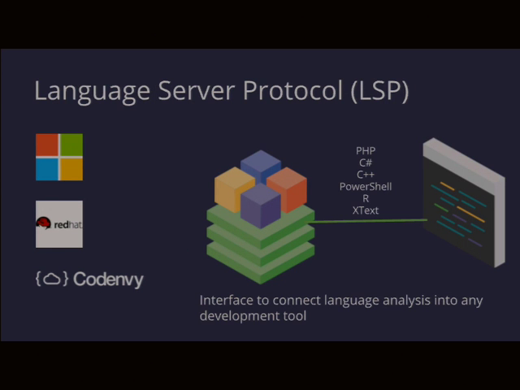So the language server protocol is something very interesting, which is kind of new. It has been introduced during the last 6 months, and it is a contribution from Microsoft, Red Hat, and Code Envy. The basic idea is that inside of Eclipse IDE, we have tools to do code analysis for Java, for C++, for other languages.